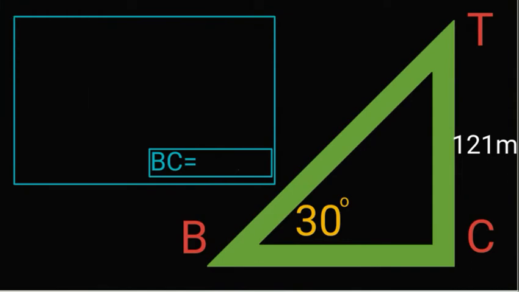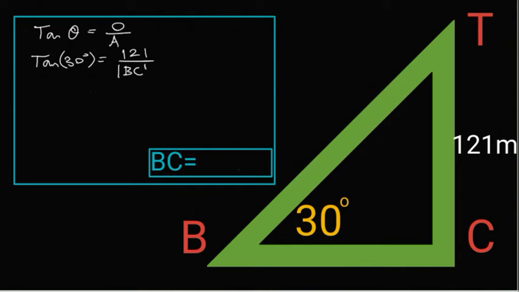We have 121, which is the height, common to both vertical triangles, and we have the 30 degrees. So again, tan of theta is equal to the opposite over the adjacent. Let's substitute in every value. So tan of 30 degrees is equal to the opposite, which is 121, over BC.